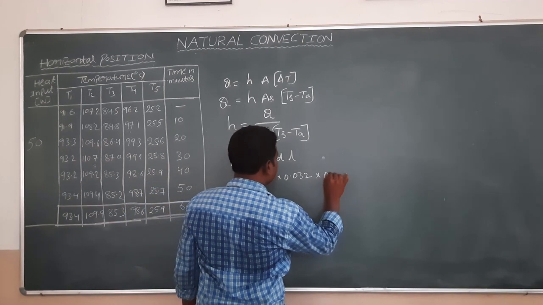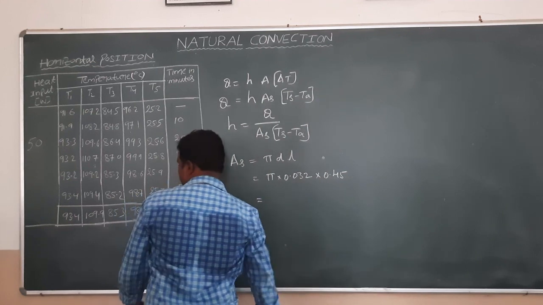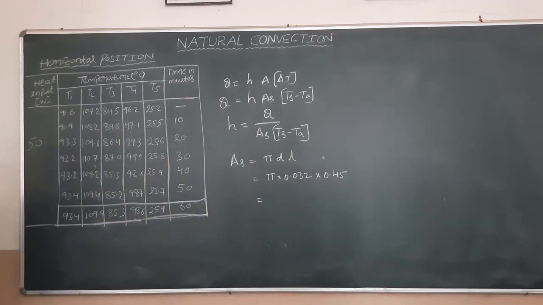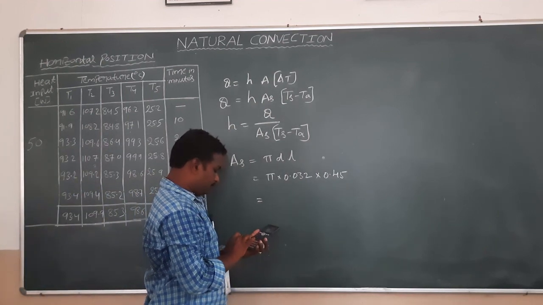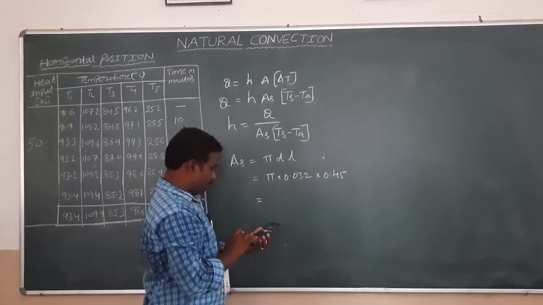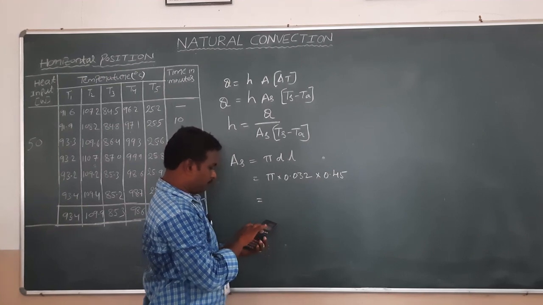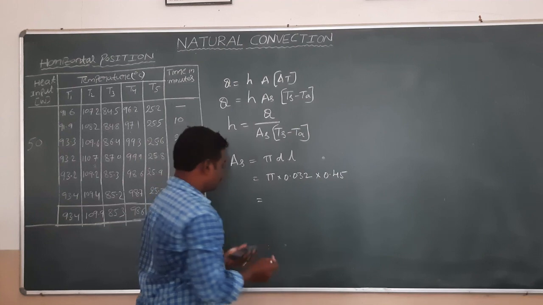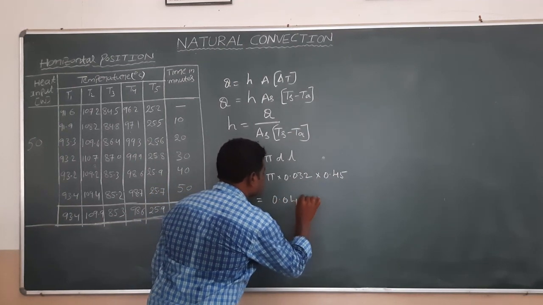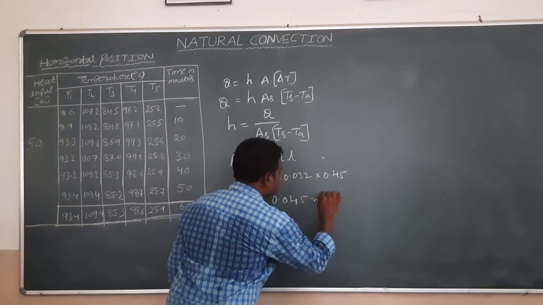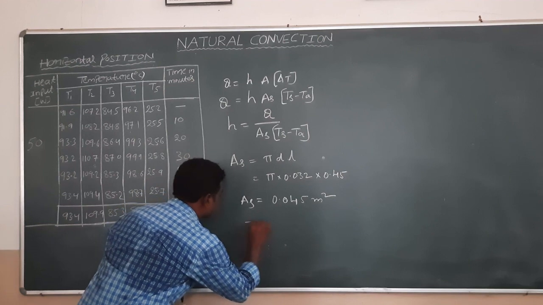Convert this into meters, 0.45 meters, and calculate this value by using the calculator. It is 0.045 meter square.